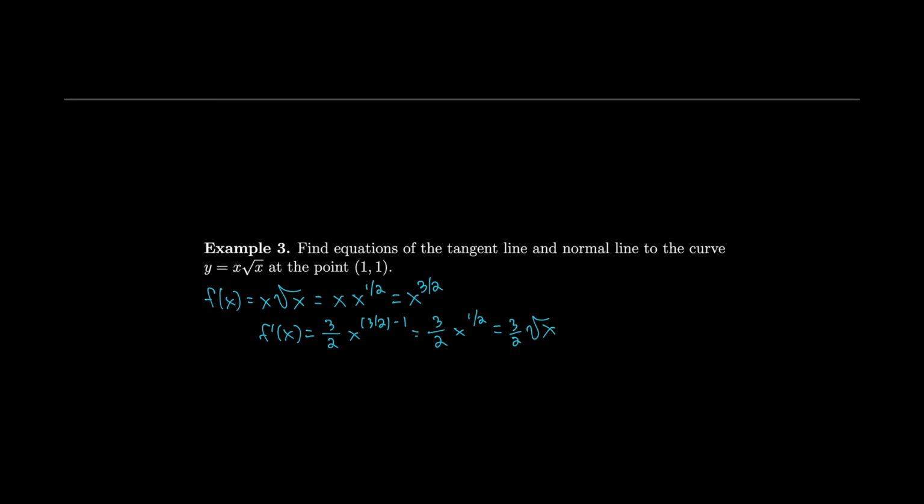Okay, we want the slope of the tangent line at the point 1, 1. So that's at x equals 1. So we're looking for f prime of 1. Well, plugging in 1 for x, you get square root of 1 times 3 over 2. So that's just 3 over 2. Okay, so we can write our tangent line now.